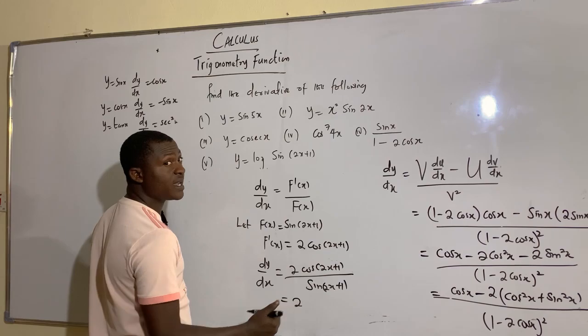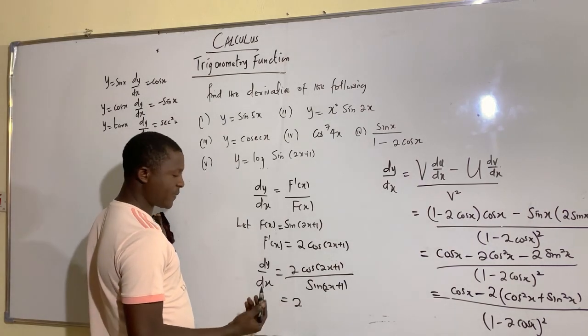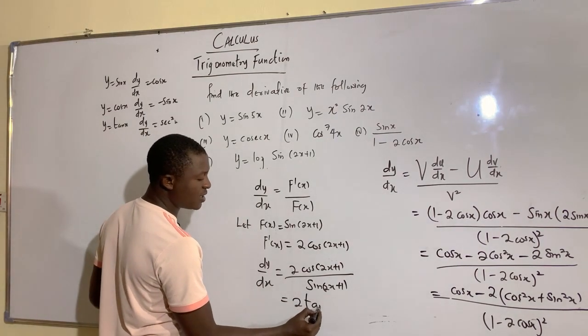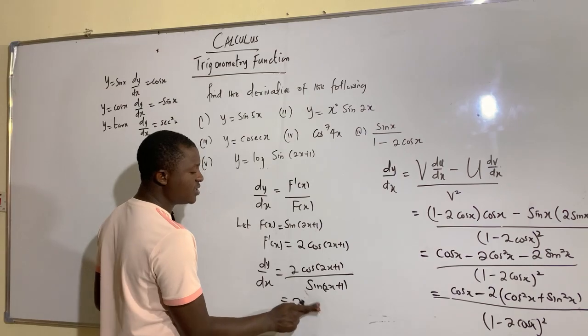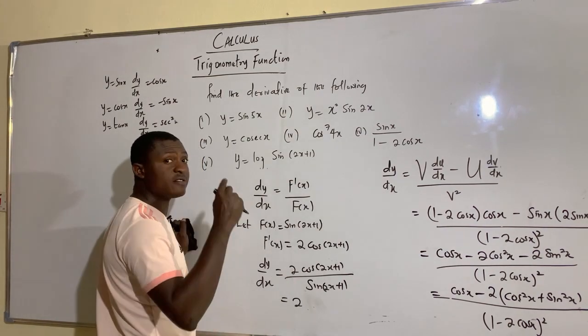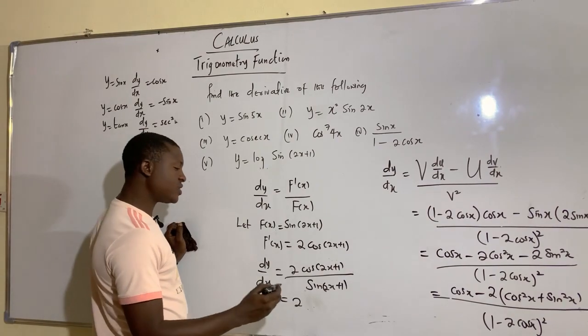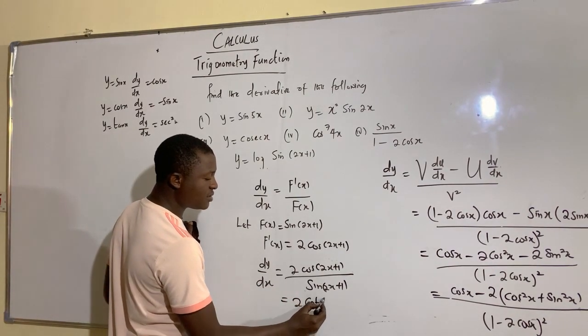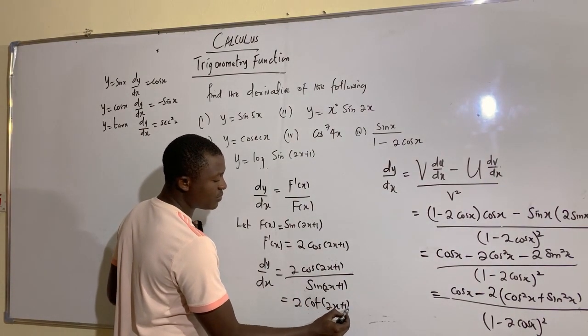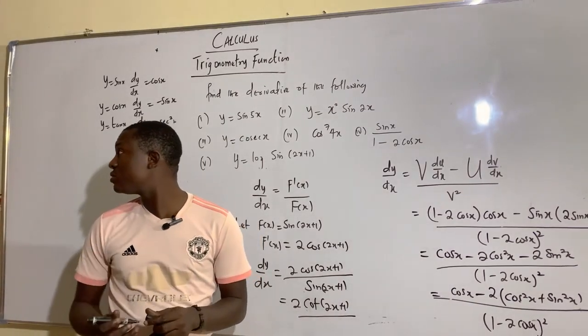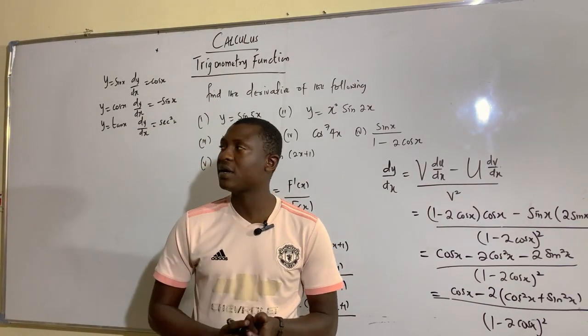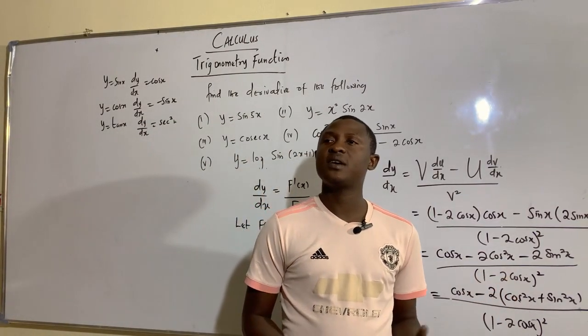If I have cos over sine, that one is what? Yeah, it's tan. Sorry, it's cot. If you have sine over cos, that one is tan. But if you have cos over sine, that one is cot. So here we have cot 2x plus 1. So that's all about what we have.